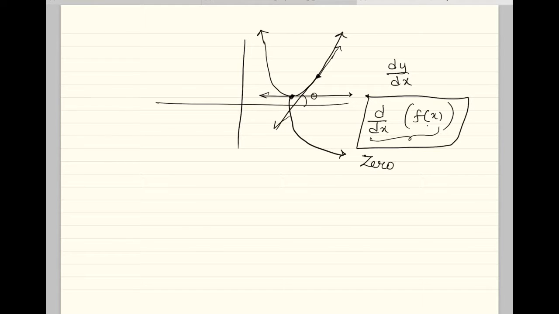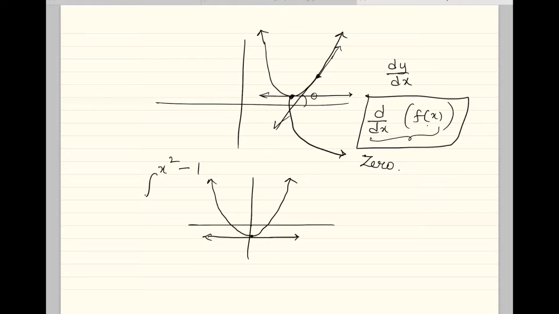That means if I have, let's say, some function like x square minus 1, right? So the graph will be somewhat like this, x square minus 1. Now if I want to find at which point the slope is 0, all I need to do is just differentiate this, that is 2x, correct?